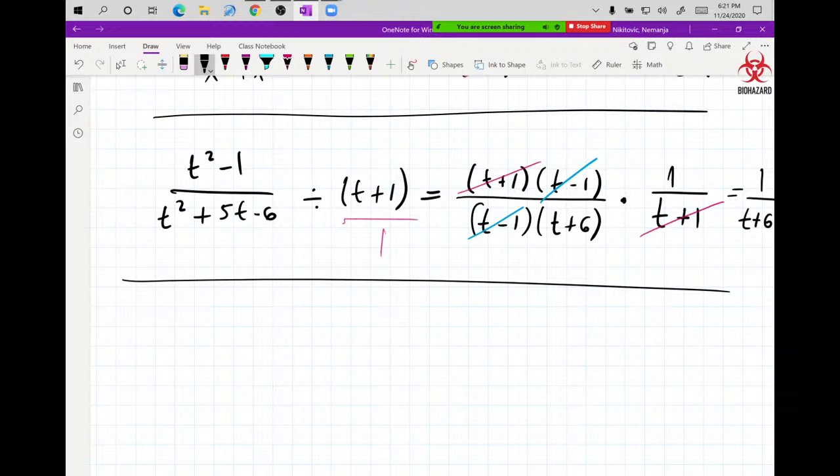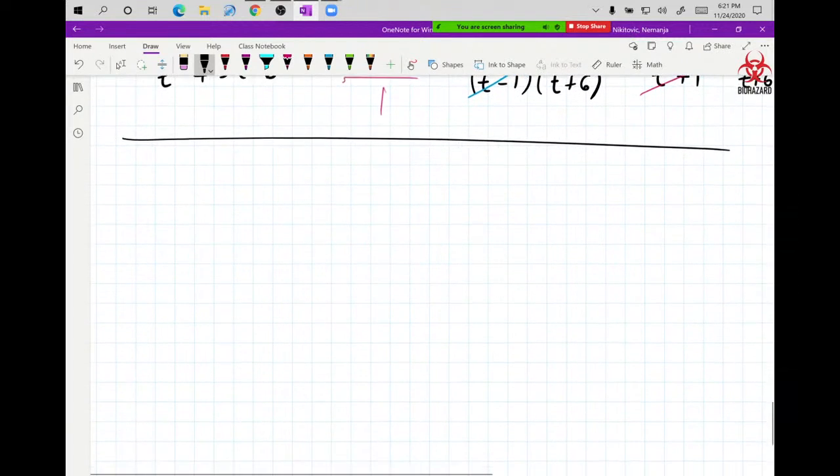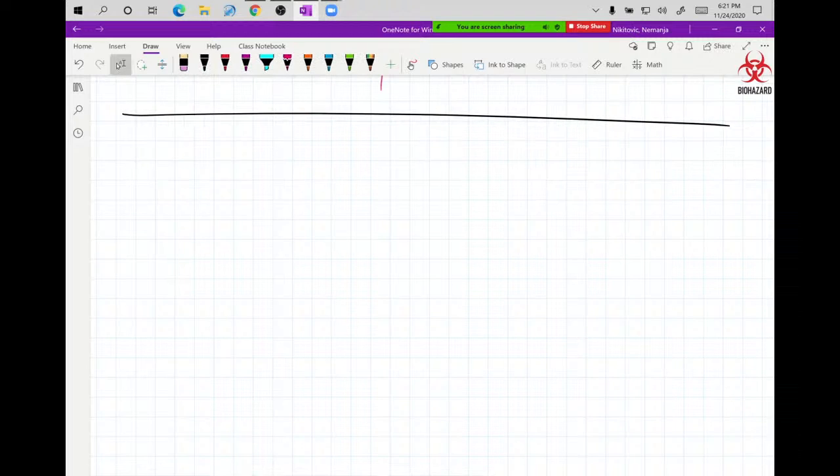So this one is z squared. Let's leave it z, so you get to cross your z's.